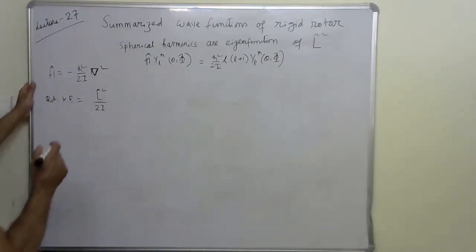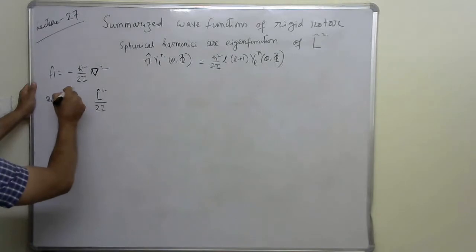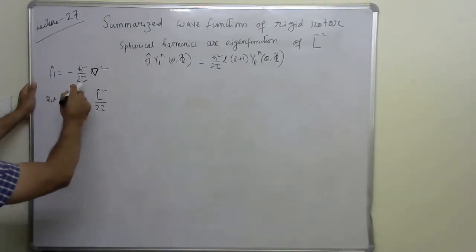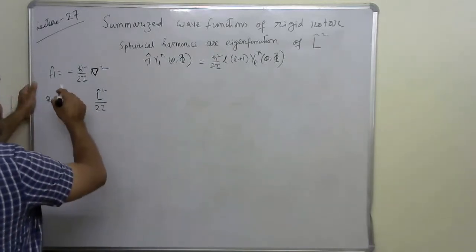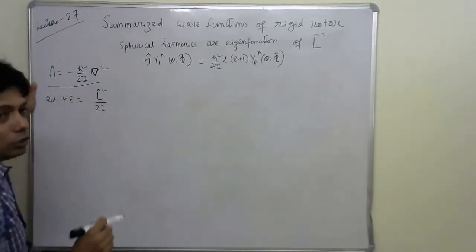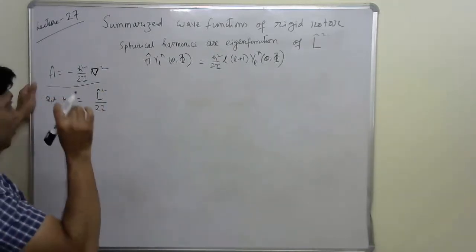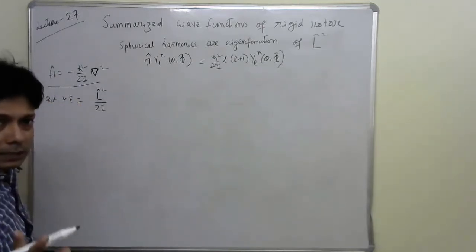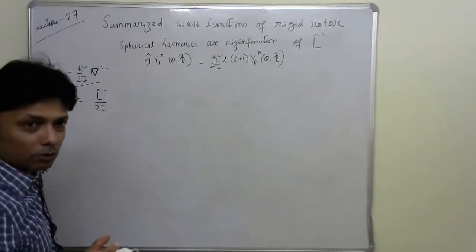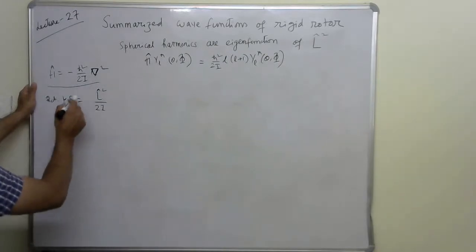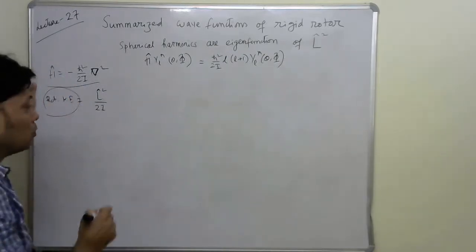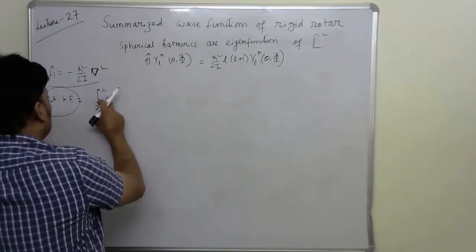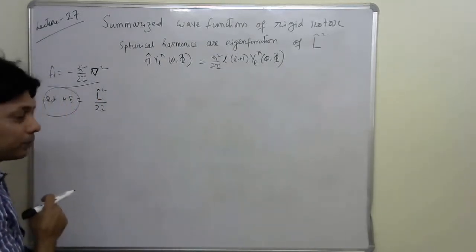Now, remember, the Hamiltonian operator is nothing but minus h cross square over 2 mu times the Laplacian operator. Okay, so this is the expression for kinetic energy in general. Now, for the rigid rotor, we have already set the potential energy equal to 0. So whatever the Hamiltonian is, it is the Hamiltonian for rotational kinetic energy. So the rotational kinetic energy we have already used is L square by 2I.